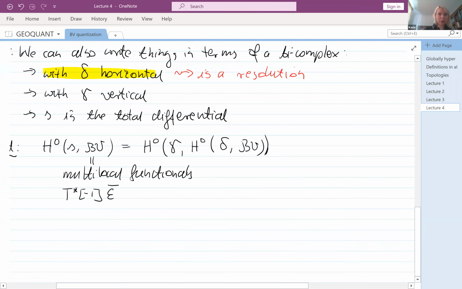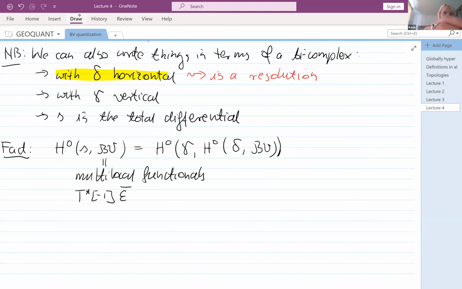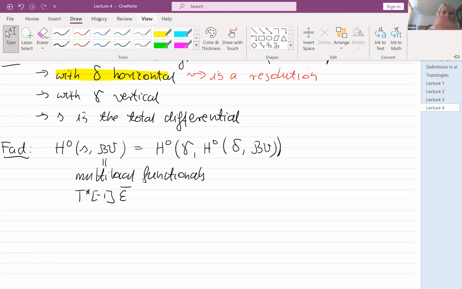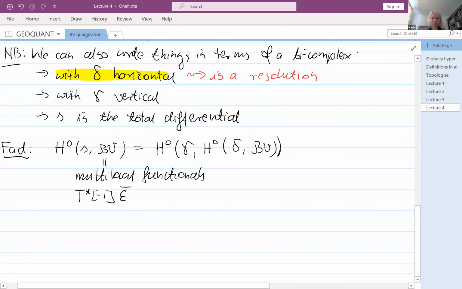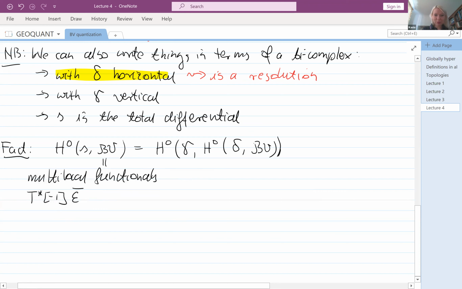Oh yeah, maybe I should also add why I wanted this description in terms of gamma and delta. So physically, and again, this is before, because I'm a bit bound by the bonds of physics, this has the interpretation of being functionals on shell, so on the space of solutions.